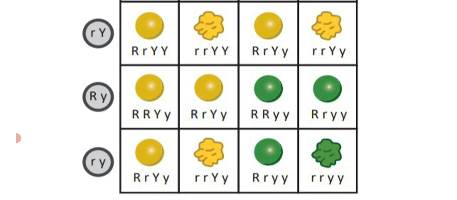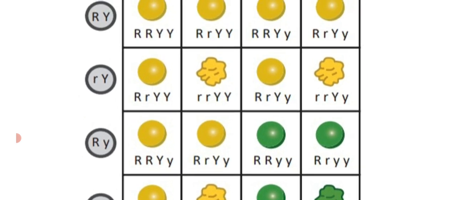Then the second one, what is given? Two different combinations are produced, newly formed combinations. What is a newly formed combination? Wrinkled is the recessive character, yellow is the dominant character. So wrinkled yellow is newly formed recombination.